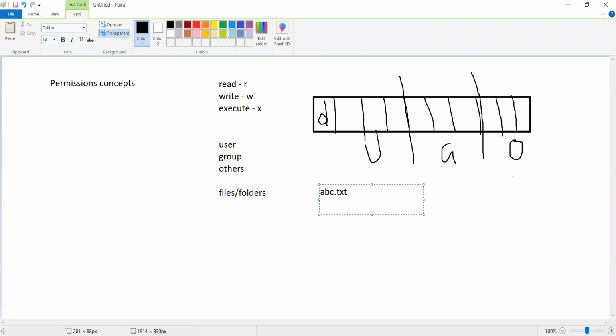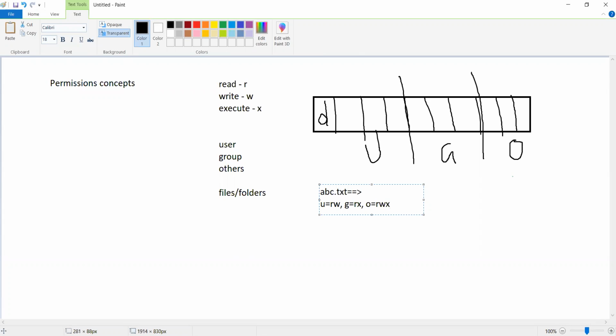What I want is that the user should have read-write privileges, the group should have read-execute privileges, and others should have read-write-execute privileges.